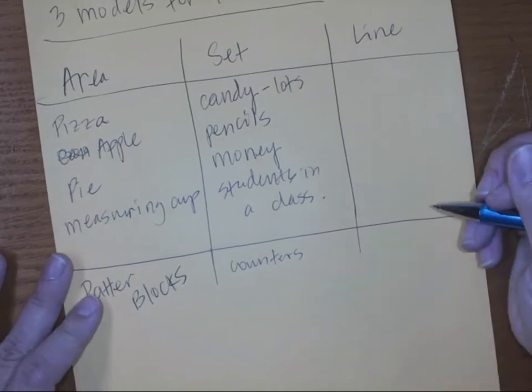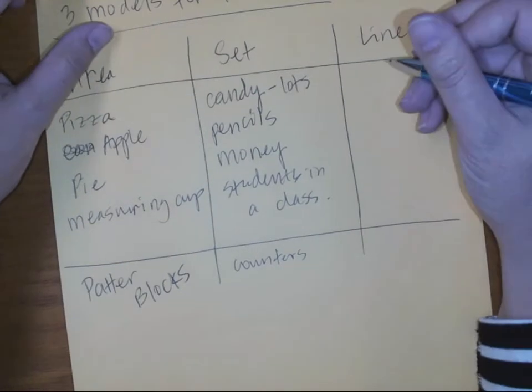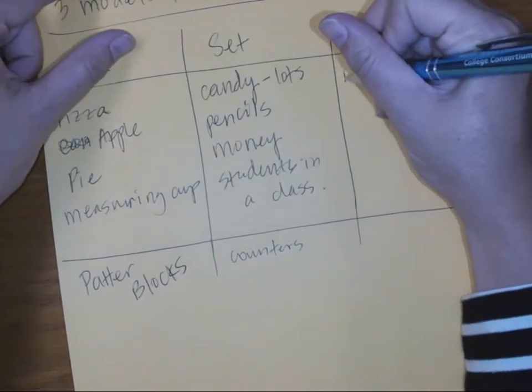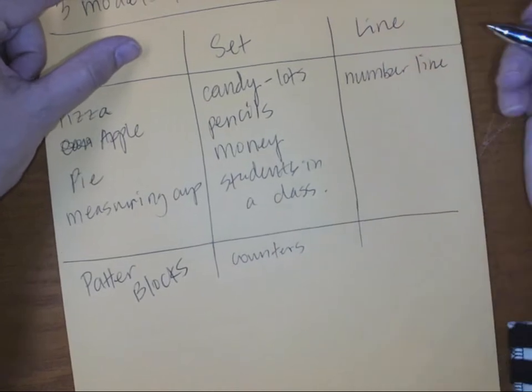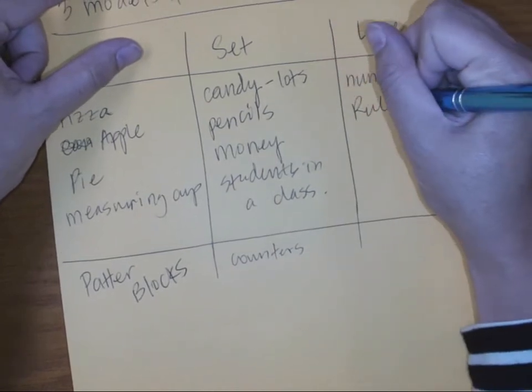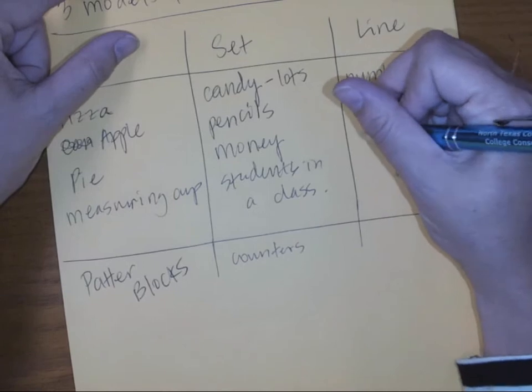Okay, and then a line model. An example, I could do specifically a number line, like we did a minute ago. I could also use a ruler. Take a ruler and split it into 2 parts, into 3 parts, into 5 parts. I could do a measuring tape.